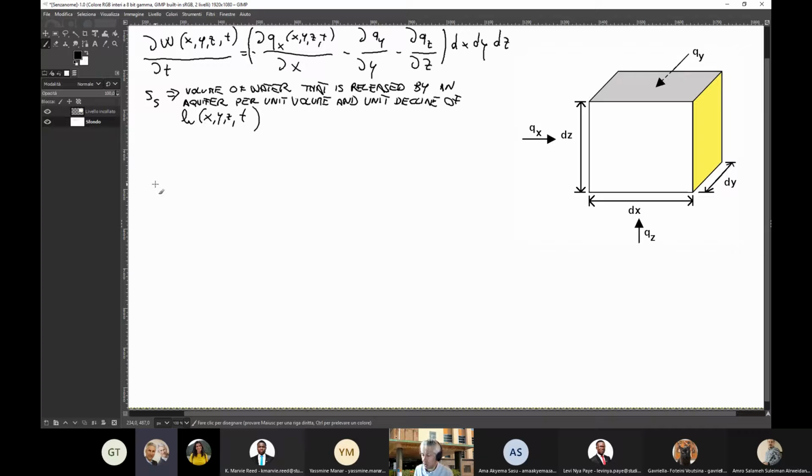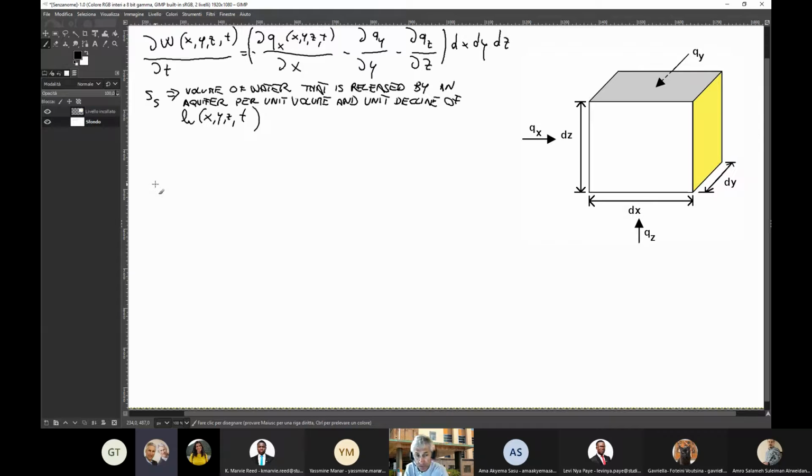So we said also what is head, which is basically a pressure that is given by the water column that is insisting over the aquifer.